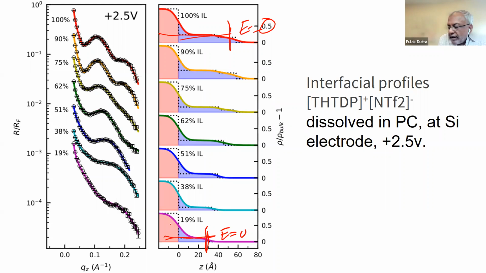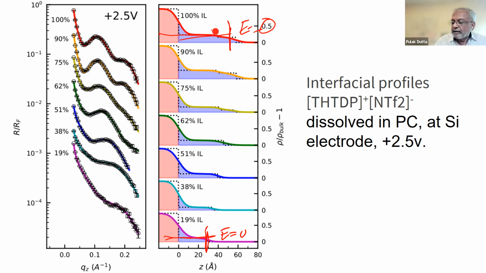Why is that? It's specifically counterintuitive because you expect that if you have more ions, they will screen the electrode charge, the electric field, more efficiently, but in fact, it does not. These don't screen the electric field.